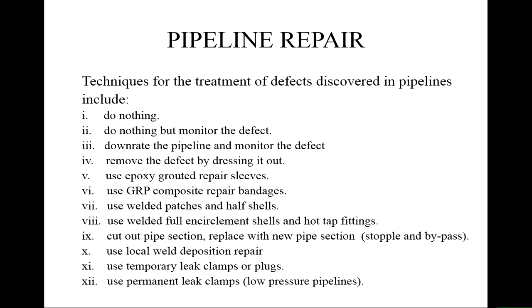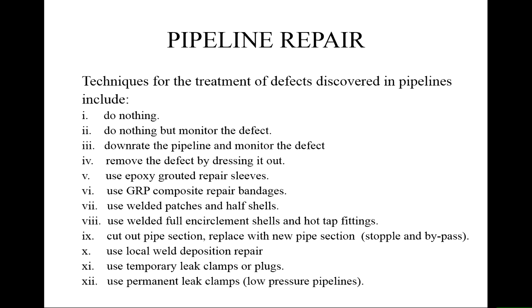Right, so here we have 12 techniques for approaching the repairs. The first thing is do nothing. But remember, in order to decide that there is nothing to do, we need to perform some calculations. What is the extent of the defect?